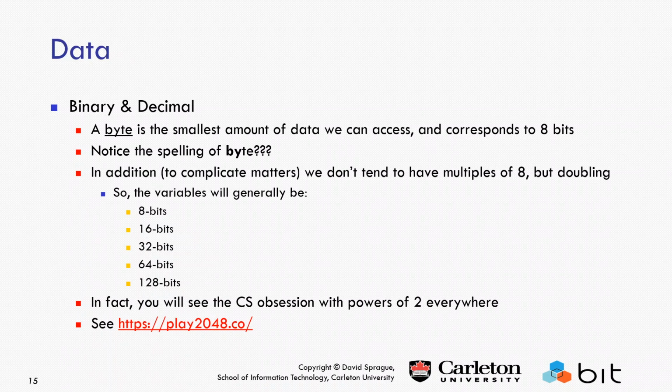Different operating systems deal with different amounts of data. The amount of data it uses as the minimum size unit will change depending on the operating system. So a 64-bit operating system is different than a 32-bit operating system because the size of the chunk it deals with at a time differs.